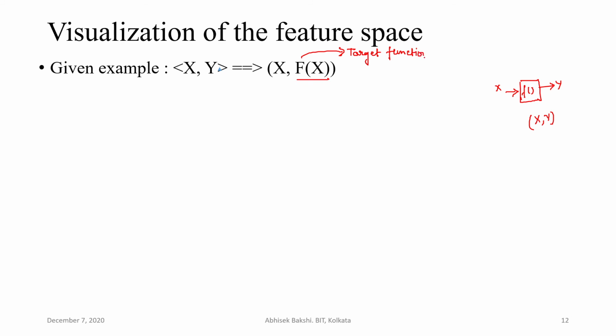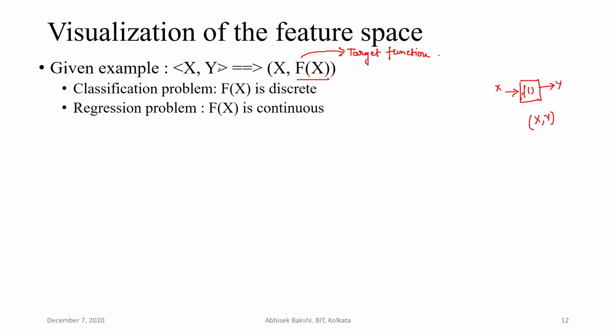If we assume that we have an idea about the target function, then I can easily write (x, f(x)). Obviously these 2 points we also know: if this f(x) is discrete, then it is a classification problem. If this f(x) is continuous, then it is a regression problem.